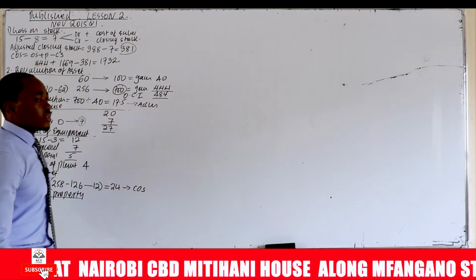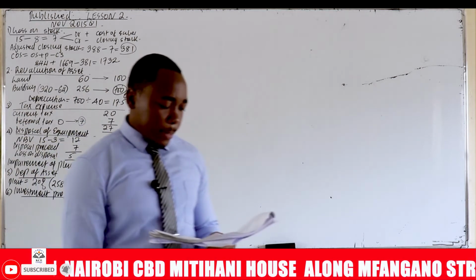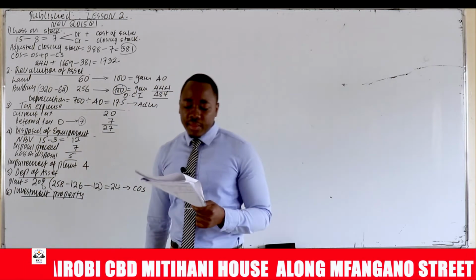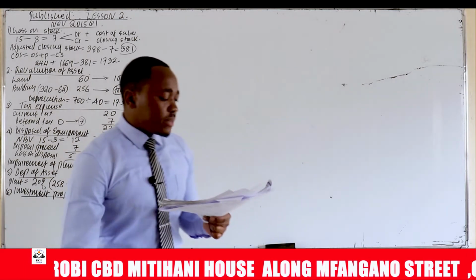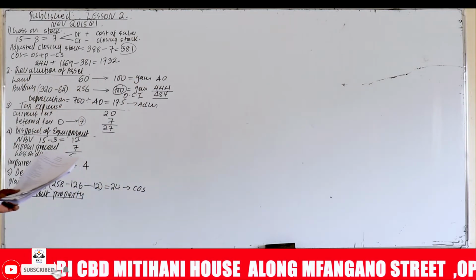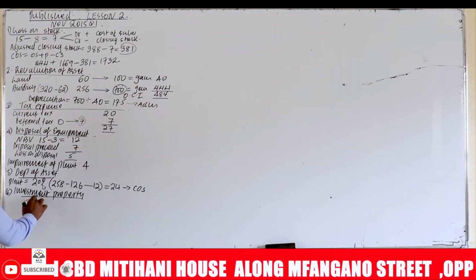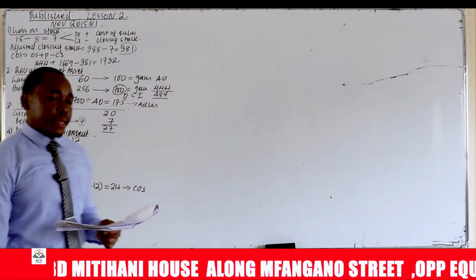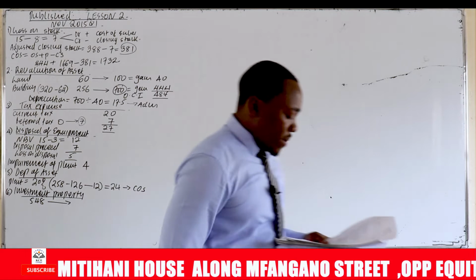Now let's go to the trial balance. The third last item, we have investment property as at 1st January 2014, the value was 548. So now let's go back to note number 6.